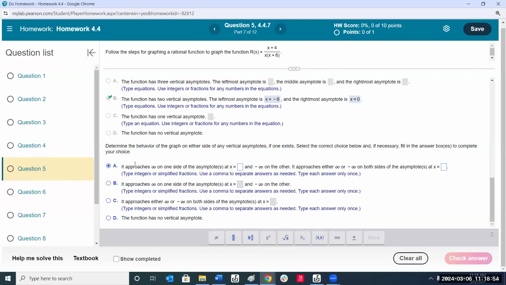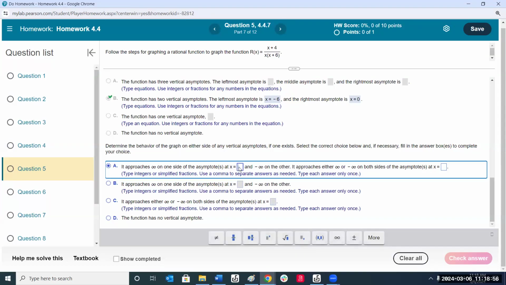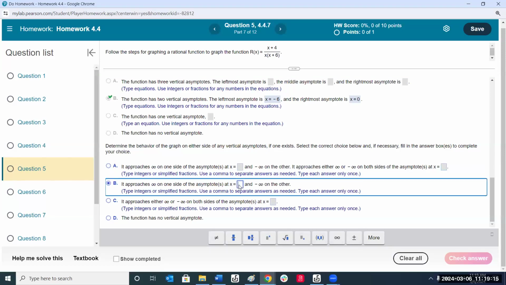Right, yeah, so it has to be A. So it goes to infinity on the, no, it doesn't. It goes to negative infinity. So it goes to infinity on this, zero. On one side.